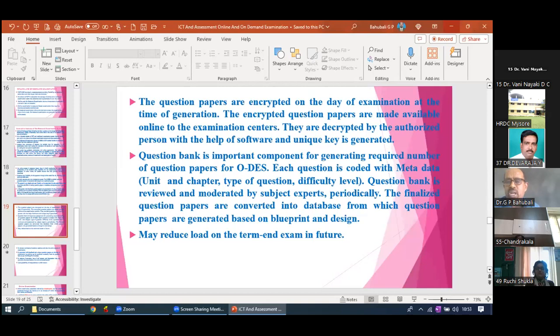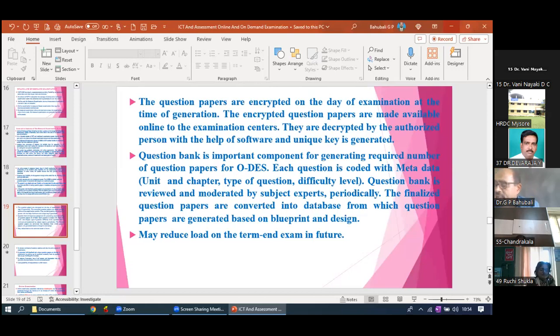Most of you know this because people who have attended this type of online examination, conducted by MOOCs for some certificate courses, have knowledge of this. The time and other things will be strictly followed in the system, and at a particular time and day at that center, it will be opened with a key.